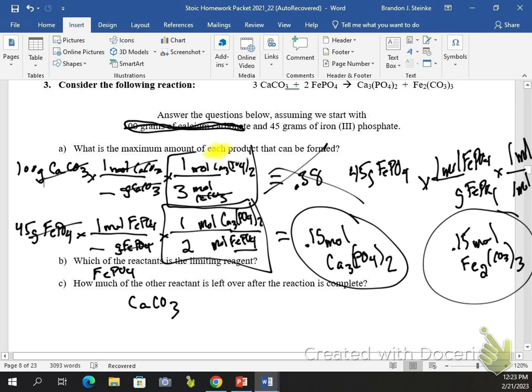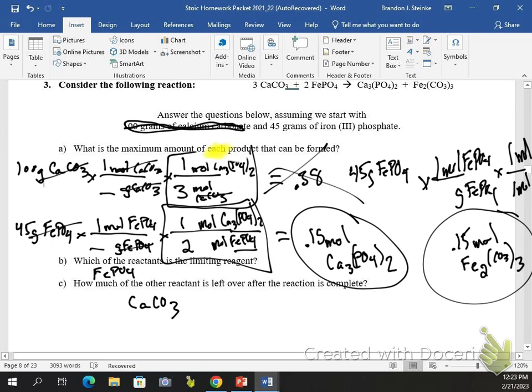Shouldn't it be 0.1? No. It's the same, without the 5. Well, it should technically be 2, because 45 grams has 2 sig figs in it.